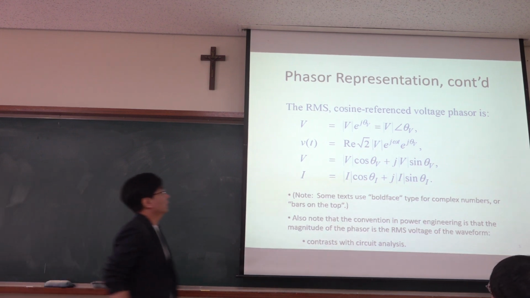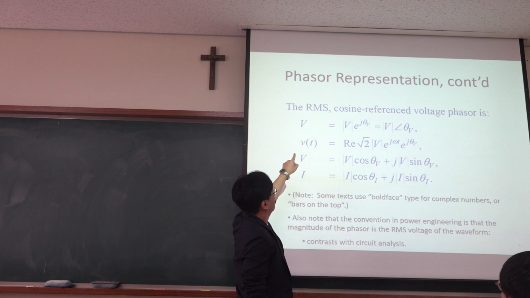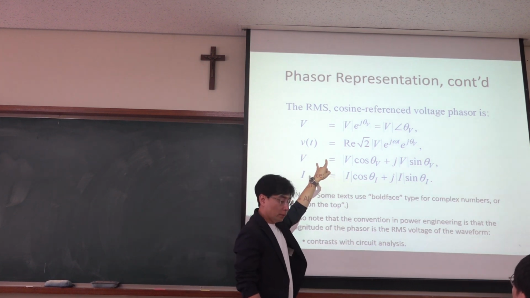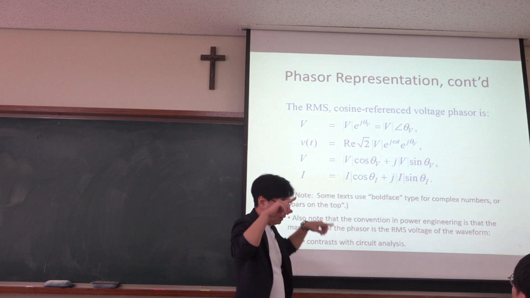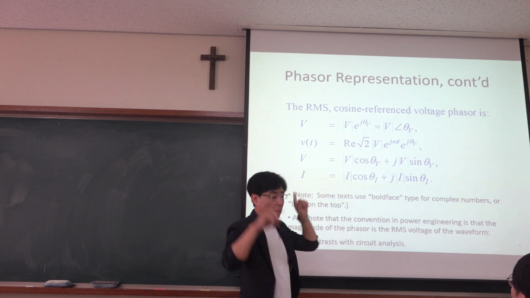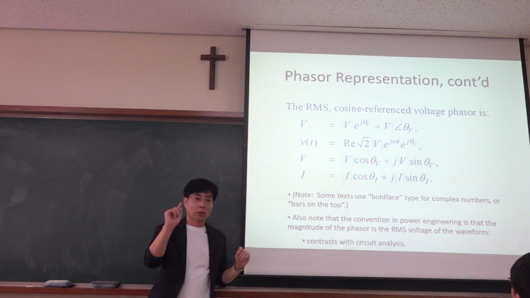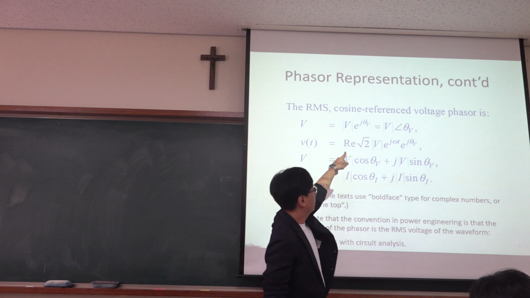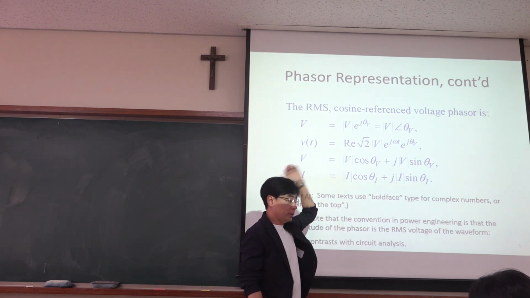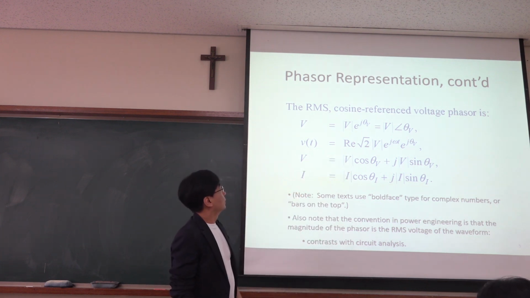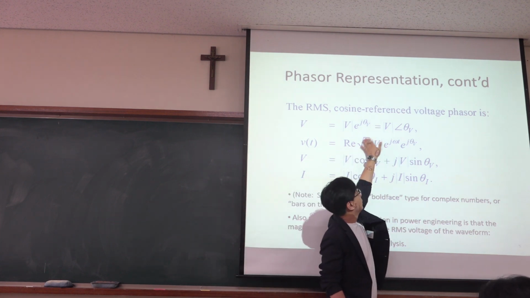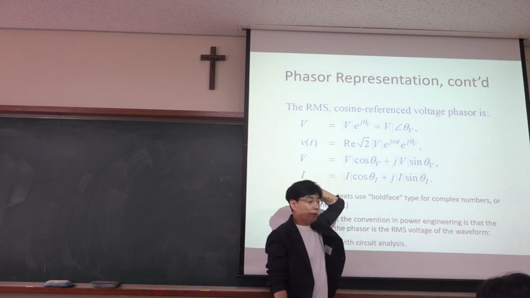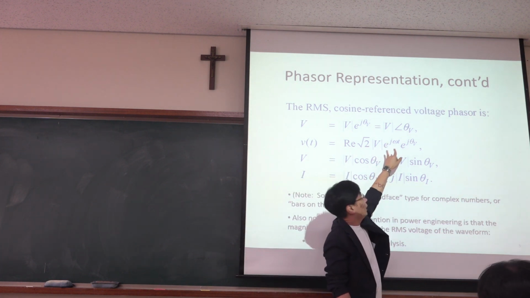So the phasor notation of the voltage is the magnitude of the voltage, the absolute value of V, which is the root mean square of the instantaneous sinusoidal voltage, and the phase voltage angle, theta V. Either of the two expressions is okay: the Euler formula, or just the magnitude and the phase angle.